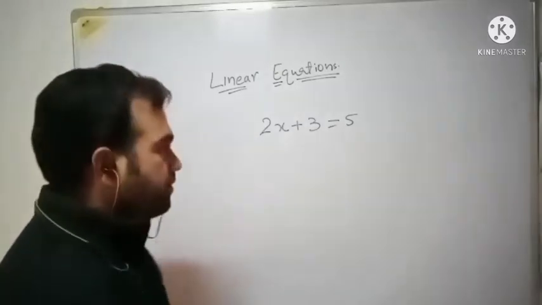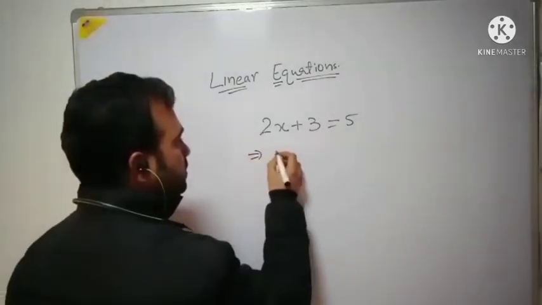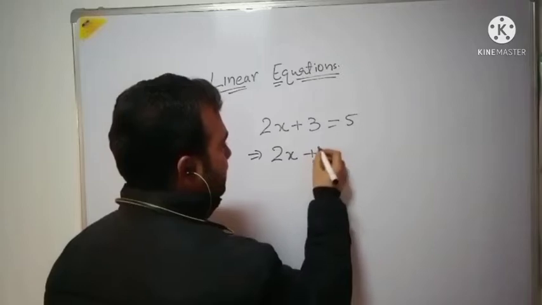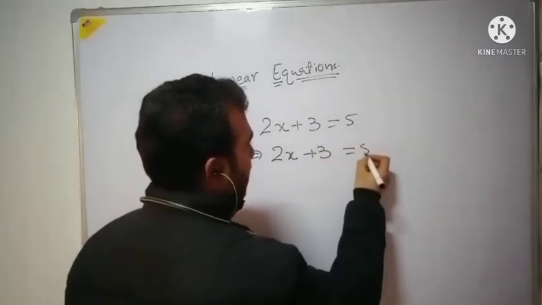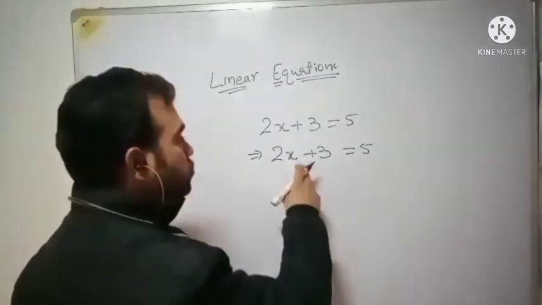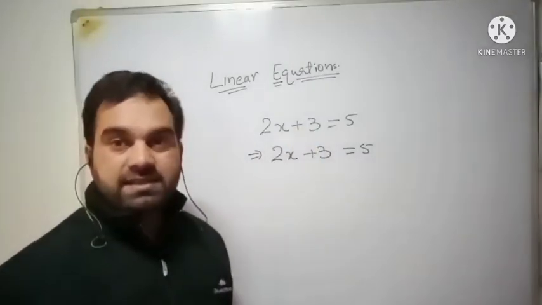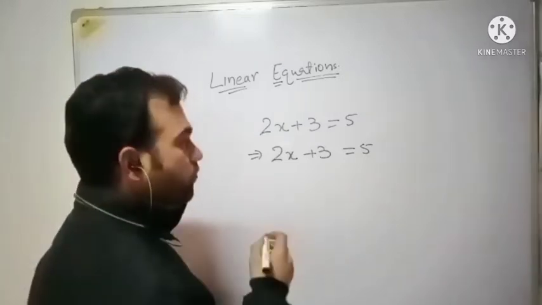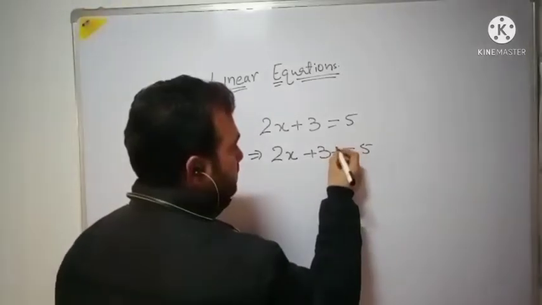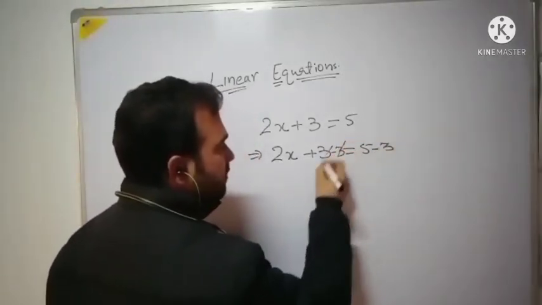For example, we will solve it like this: 2x + 3 = 5. Now we have to find the value of x, so we need to eliminate this plus 3. This plus 3 will get cancelled with minus 3, so we subtract 3 from both sides. 3 and 3 get cancelled.